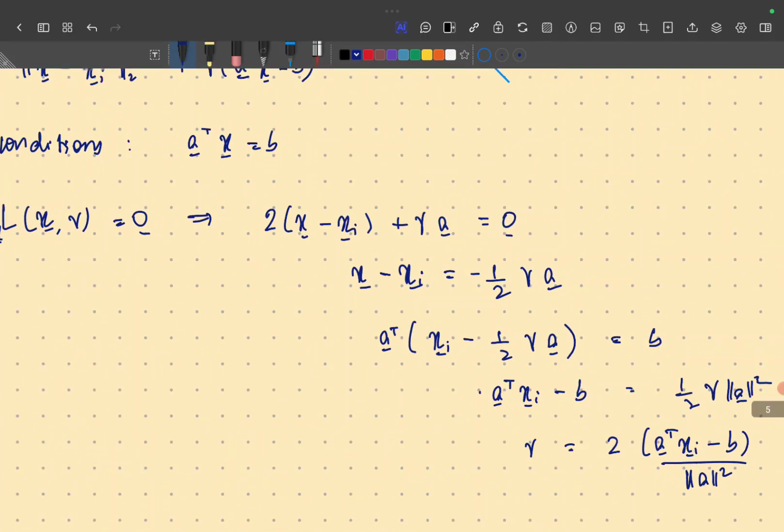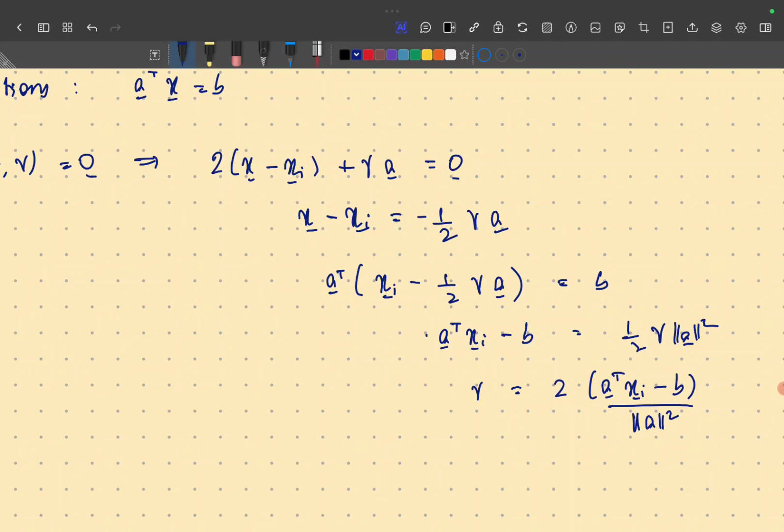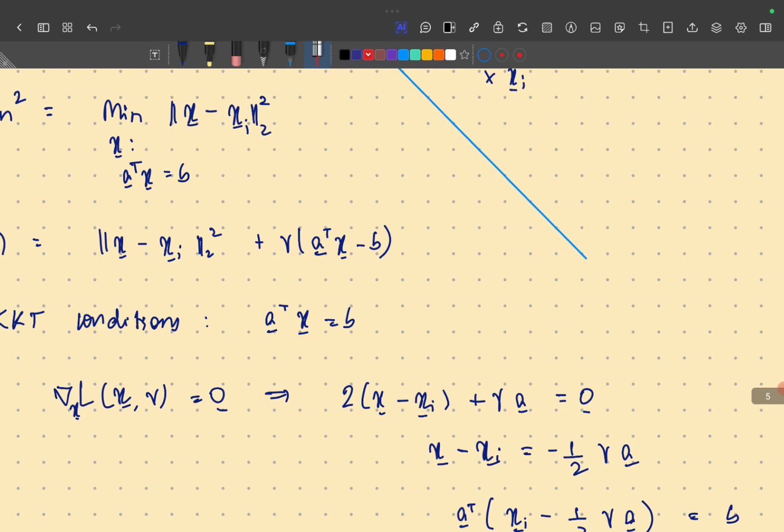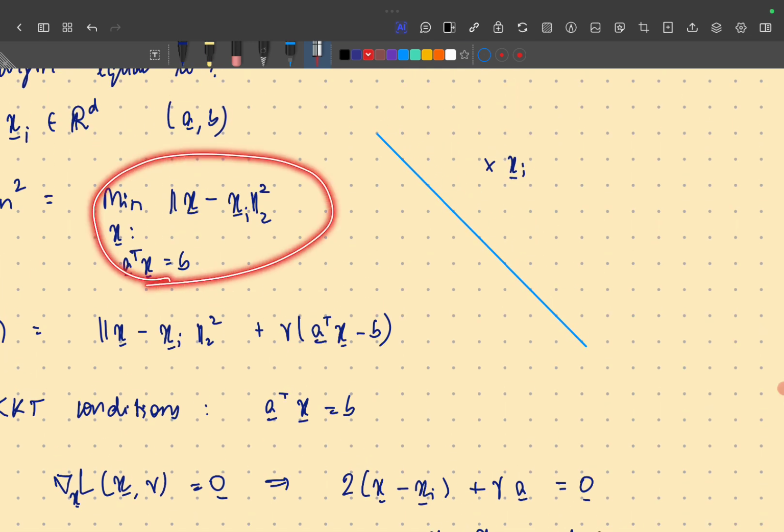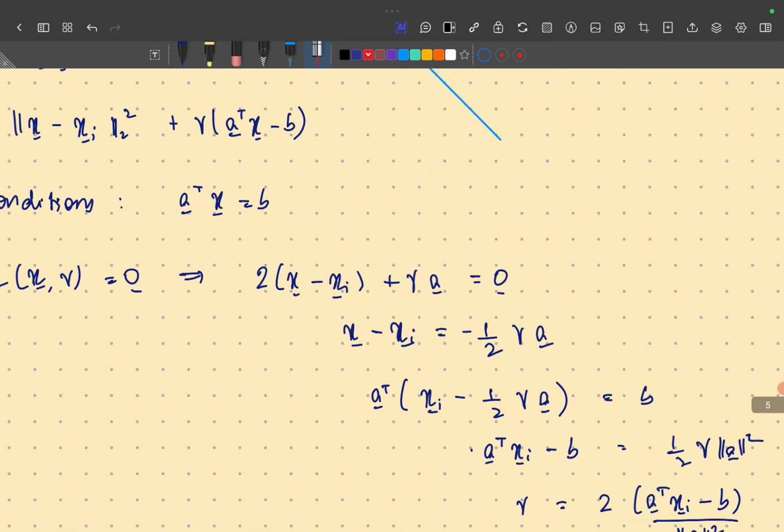Now my end goal is to find the objective function that minimizes this.